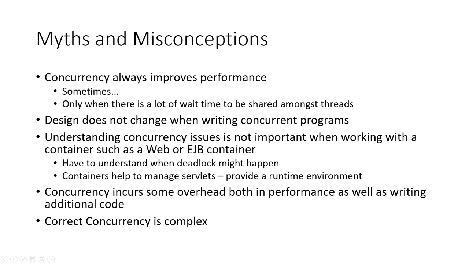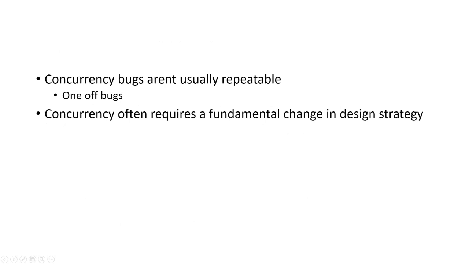Next, correct concurrency is complex. Again, 100% very true. Concurrency bugs aren't usually repeatable. That is a myth. That's not a myth. This does happen sometimes, and they're called one-off bugs. We're going to talk about this a little bit later in the chapter.